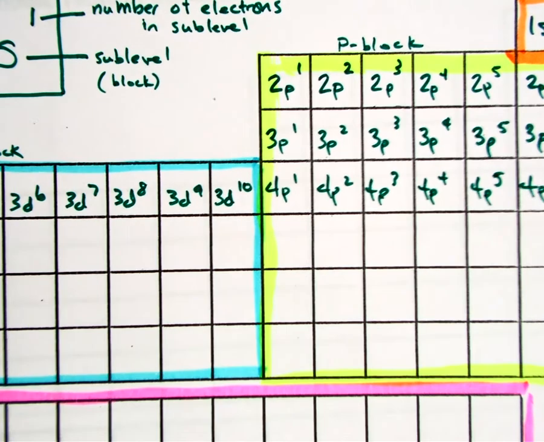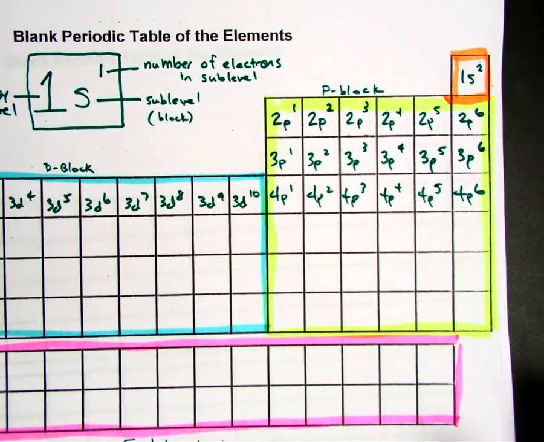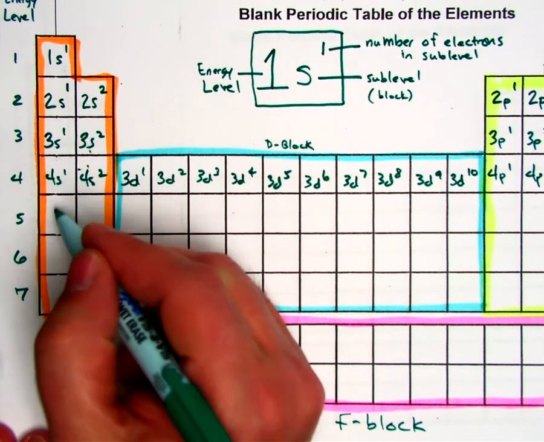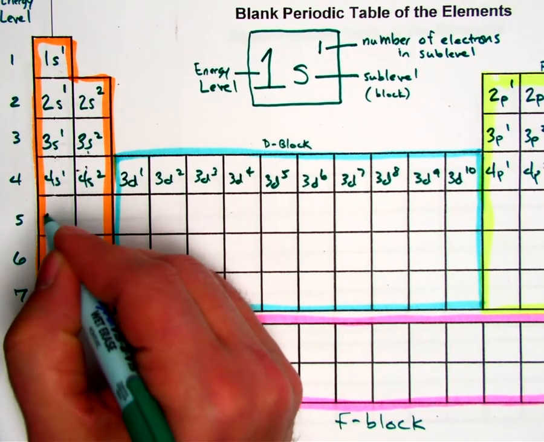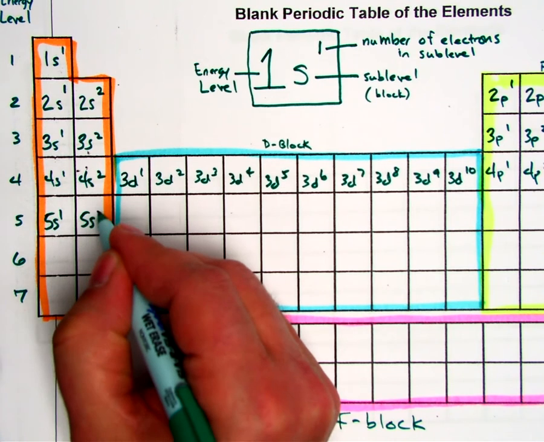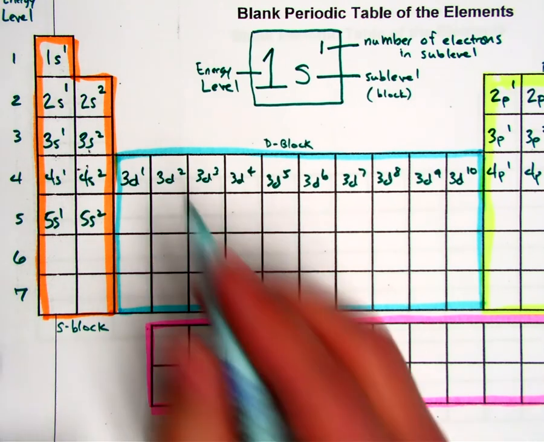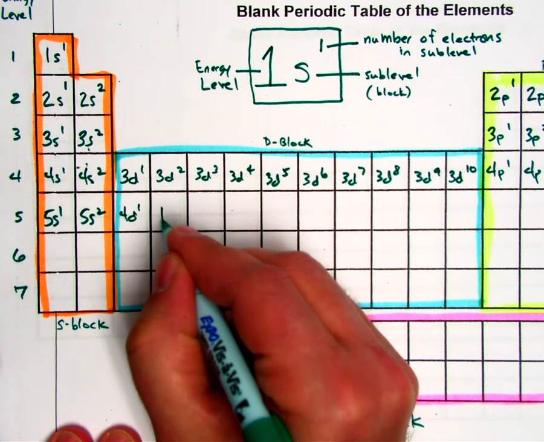Alright, time for a little logic for the next full row, left side to right side. First box, what are you expecting? 5s1, no doubt, and then 5s2. Now, based on the pattern involving the middle D block elements, what do you think might be in that first blue box? The D, 4d1. Good. 4d1, 4d2.